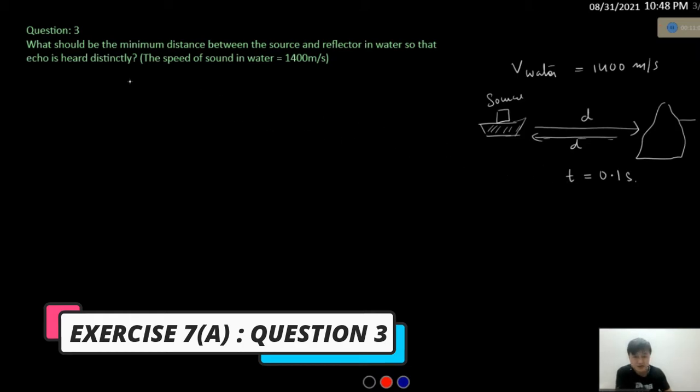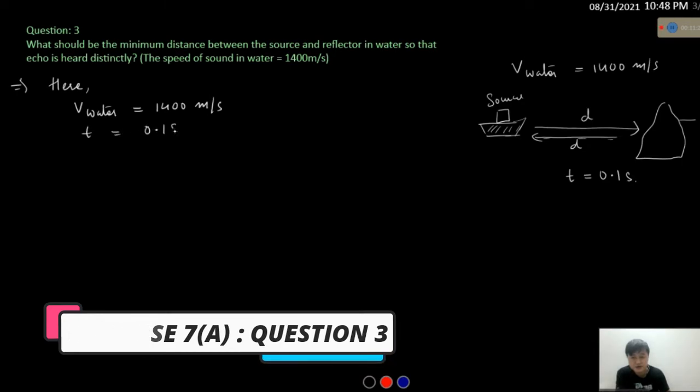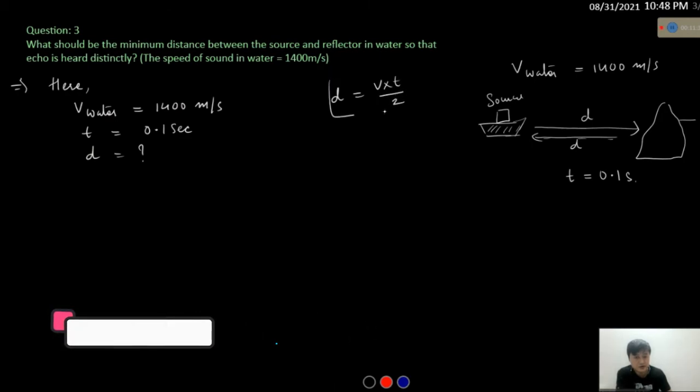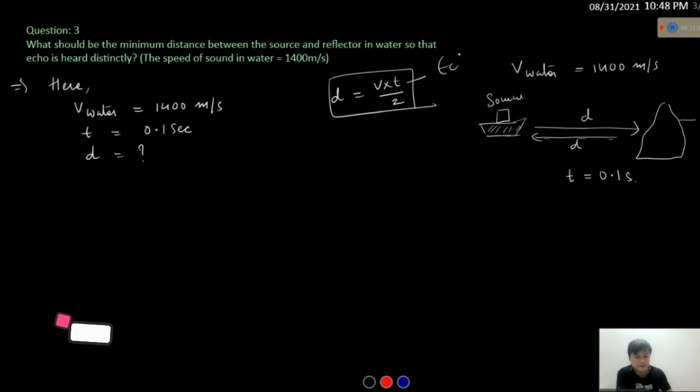So taking this principle, we can write whatever is given here. Velocity of sound in water is 1400 meter per second, and we know that the time required is 0.1 second, and we have to find the distance again. We already got the formula: distance is equal to v into t upon 2. This is the formula for echo.